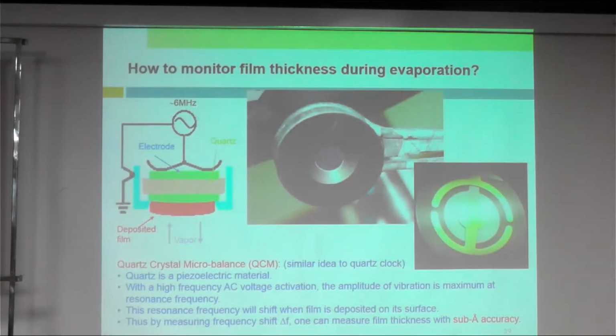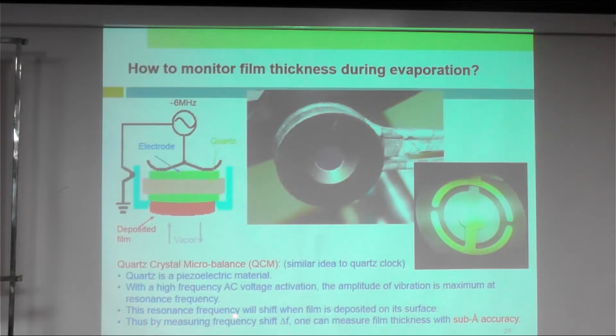So this is what we call the quartz crystal microbalance, or QCM, in order for you to monitor the thickness of the deposited film. So how does it work? Quartz is a piezoelectric material, basically. With a high frequency AC voltage activation, the amplitude of vibration is maximum at the resonant frequency.